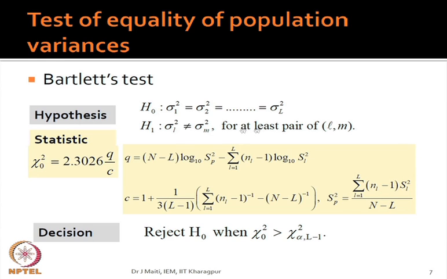If you know this, then you are in a position to calculate q. What is capital N here? N minus L minus L. This capital N is nothing but this one.